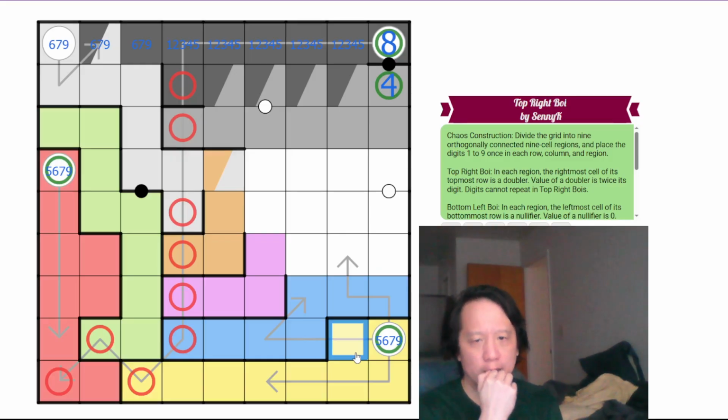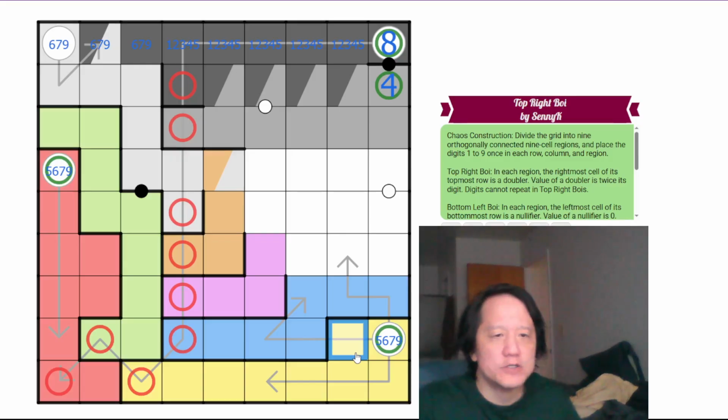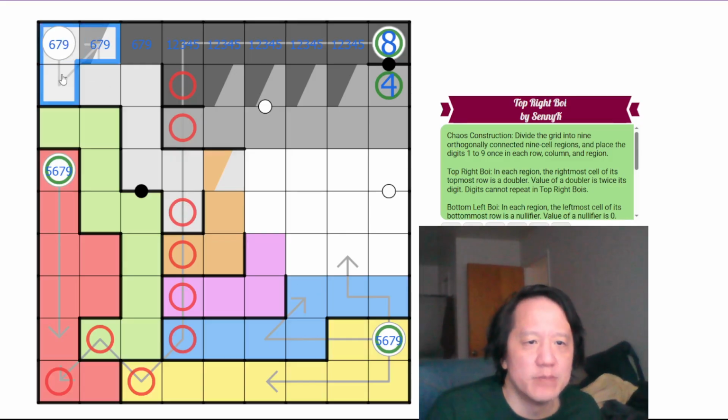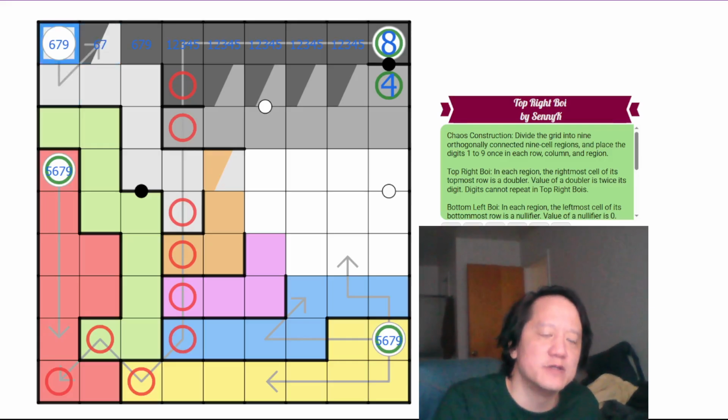Okay. So none of these are bottom left boys, and none of them are top right boys. So this must be the sum of these. So we have 9 could be the sum of 3 and 6 and 2 and 7, or 7 could be the sum of 1 and 6, or 2.